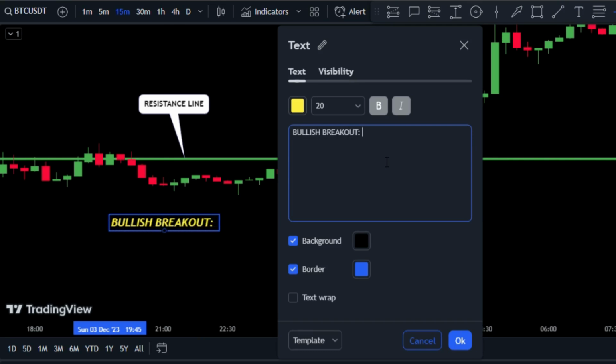But wait a minute, a bullish breakout is valid if after the breakout with a green candle, another green candle confirms it.